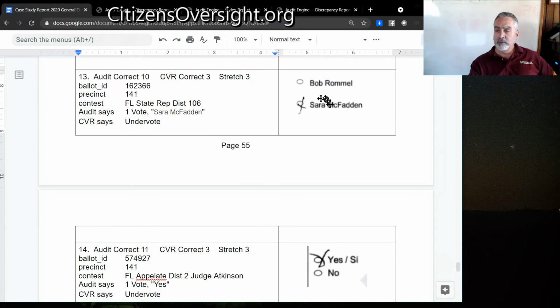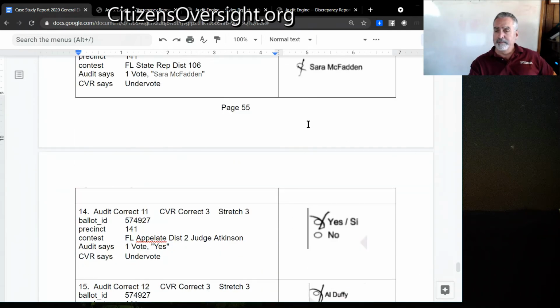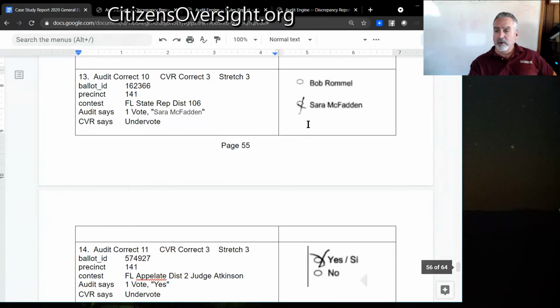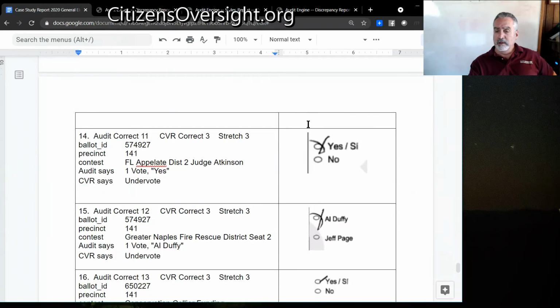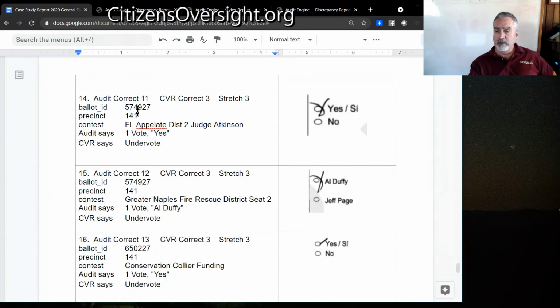These are kind of interesting. This voter makes X's and very infrequently hits the bubble. Actually this person is somebody who consistently can't make it into the bubble and misses it completely, but obviously wants to vote for this person, just can't put it in there.